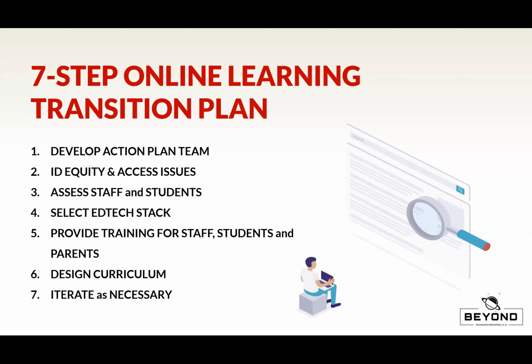From there, number 2 is identifying equity and access issues, first with your teachers and then with your students. Now, I'm going to tell you right now, this is one of the most overwhelming components of this plan for me, because we're learning around the country, a lot of students, and I knew that a lot of students didn't have access to computers.